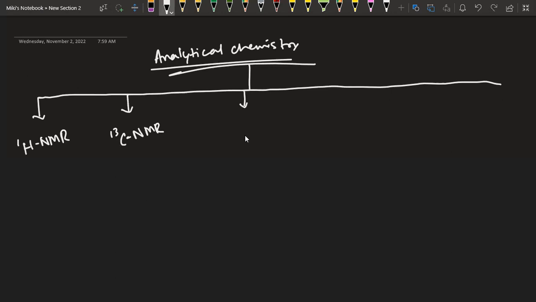Next, we have IR spectroscopy. IR means infrared spectroscopy. Finally, we have mass spectroscopy.